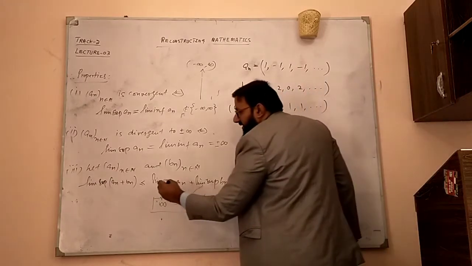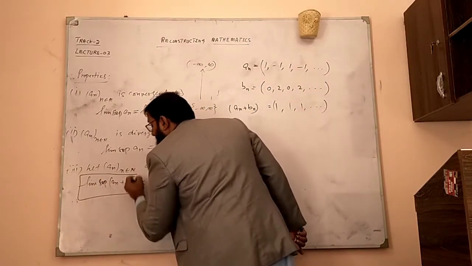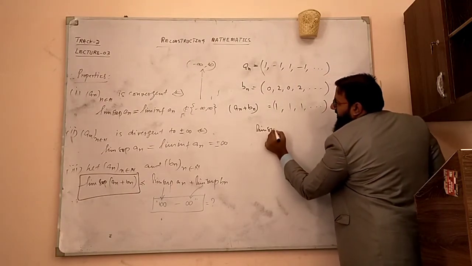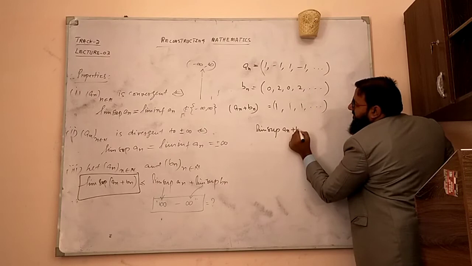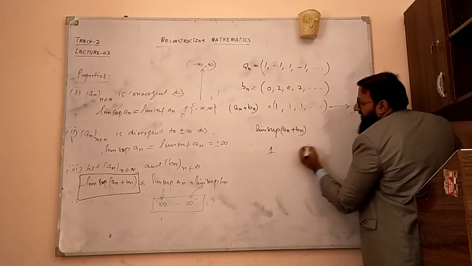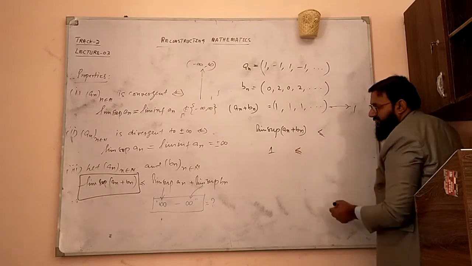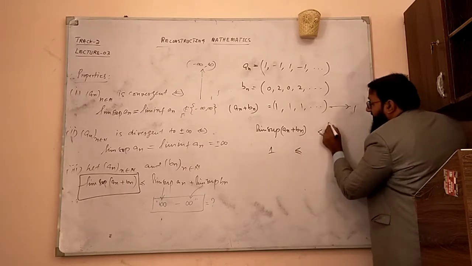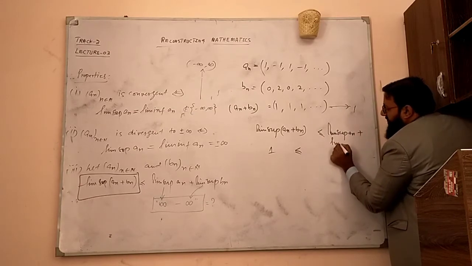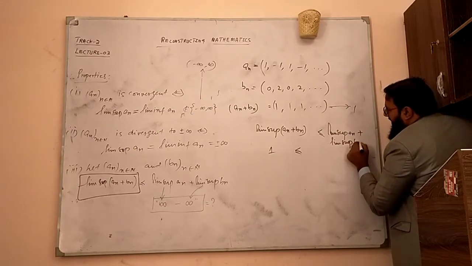Now I find limsup an plus bn. What is the limsup of this? That is 1. Is it less than or equal to limsup an plus limsup bn?